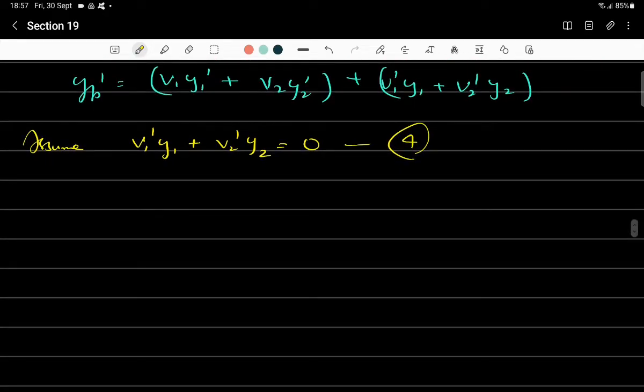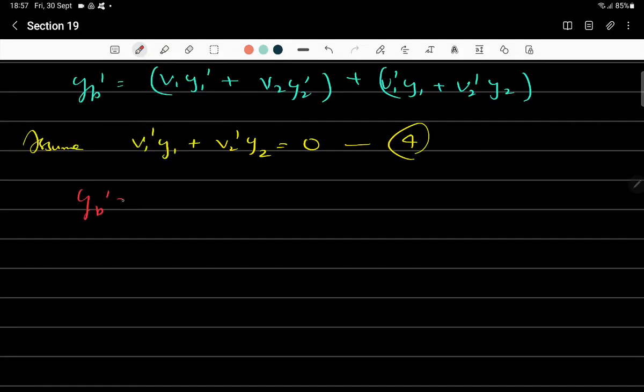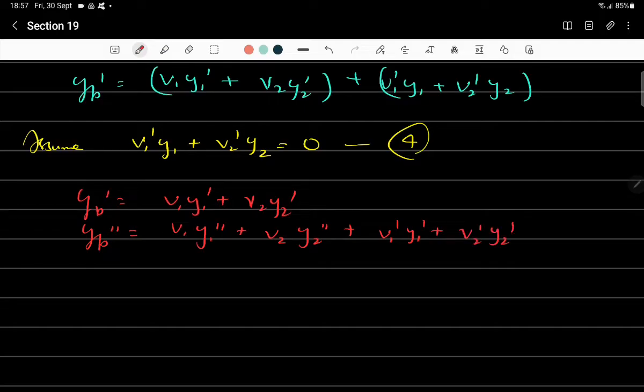So if I assume this, then my yp dash becomes v1 y1 dash plus v2 y2 dash, and therefore my yp double dash would be v1 y1 double dash plus v2 y2 double dash plus v1 dash y1 dash plus v2 dash y2 dash.